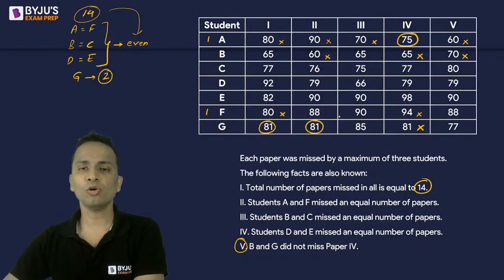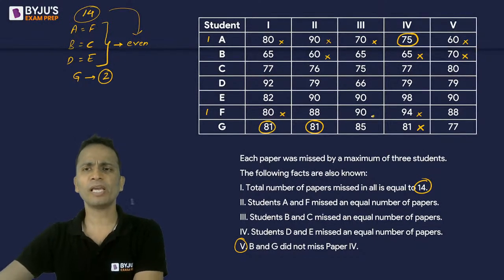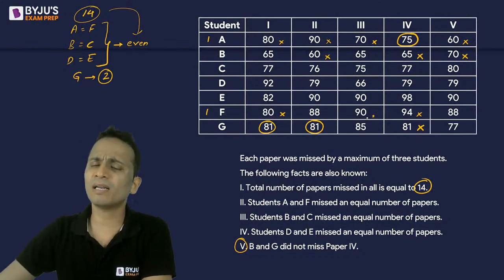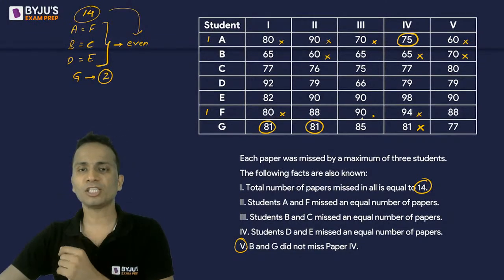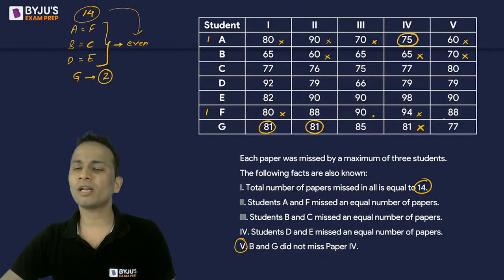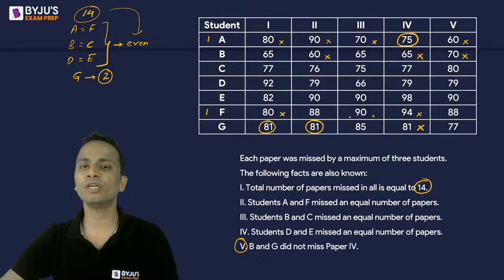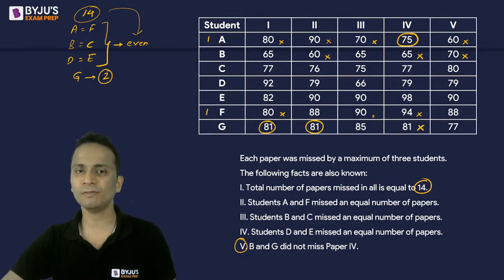Okay, so if I remove these two, F can miss any one of paper number 2, paper number 3, and paper number 5. So if I assume that F has missed paper number 3, that means the average of all the remaining 4 should be equal to the marks obtained in paper number 3.